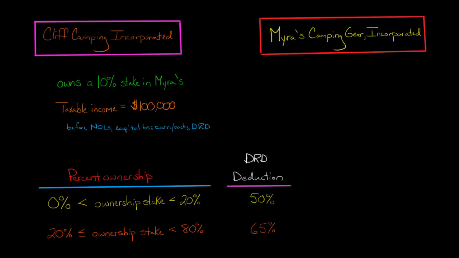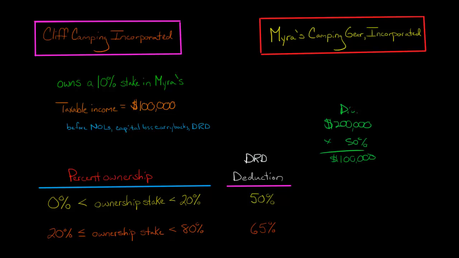Let's say that Myra's Camping Gear issued a $200,000 cash dividend to Cliff Camping. So if we have a $200,000 dividend, then a 50% deduction would lead to a $100,000 tax deduction for Cliff Camping Incorporated. But the income limitation works as follows.